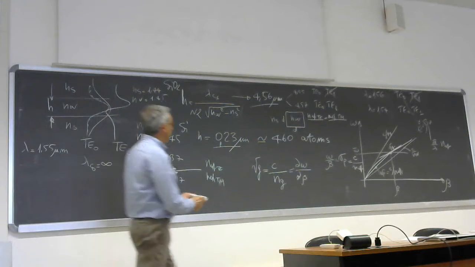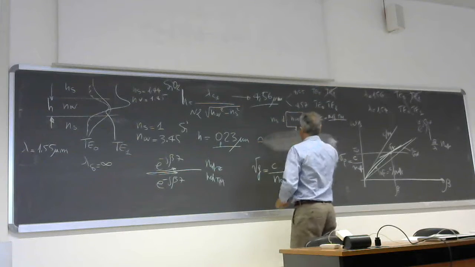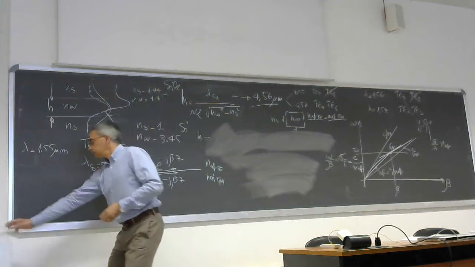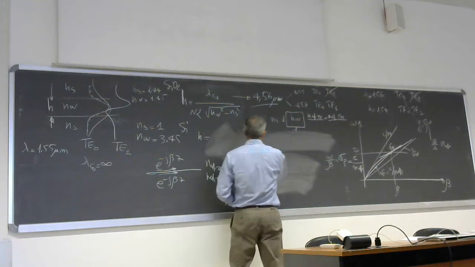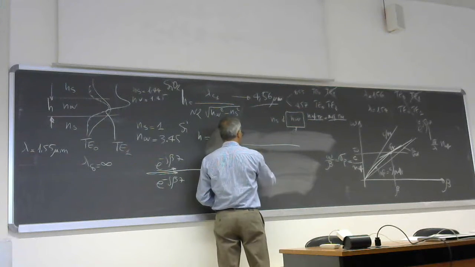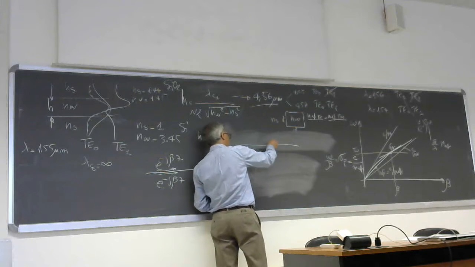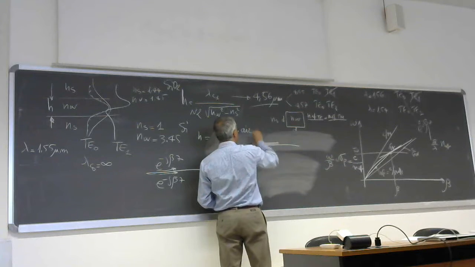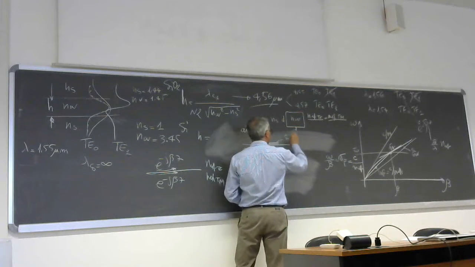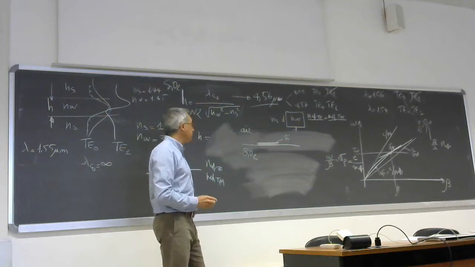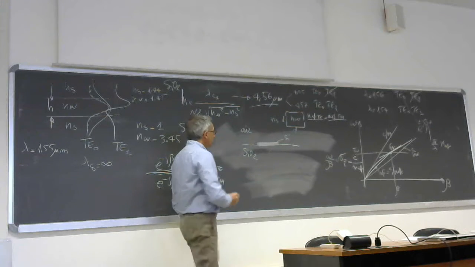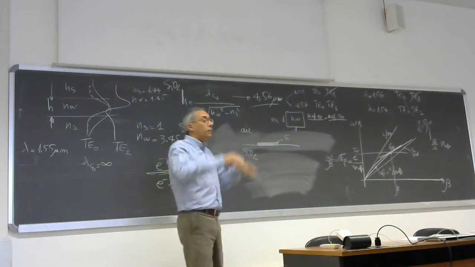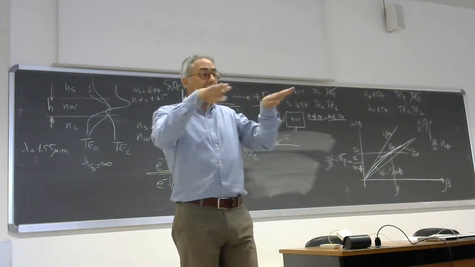But you can think of a very asymmetric waveguide. So, for example, you have a substrate of silica, a thin layer of silicon and air on top. This is silicon, so 3.45. This is a classical waveguide, rectangular with a very strong aspect ratio, so basically a strip of dielectric.